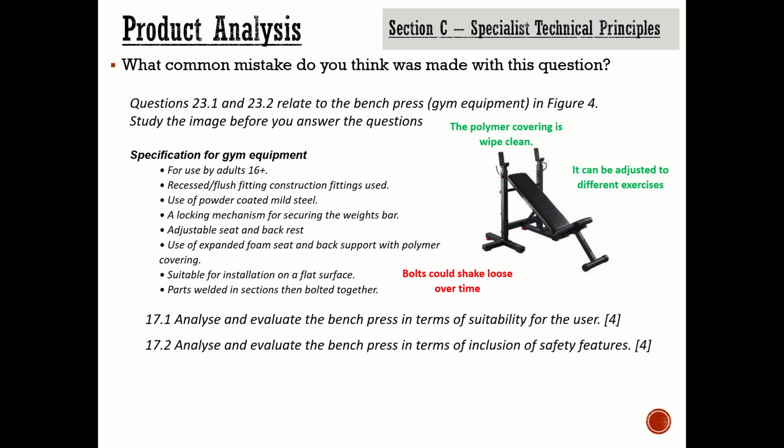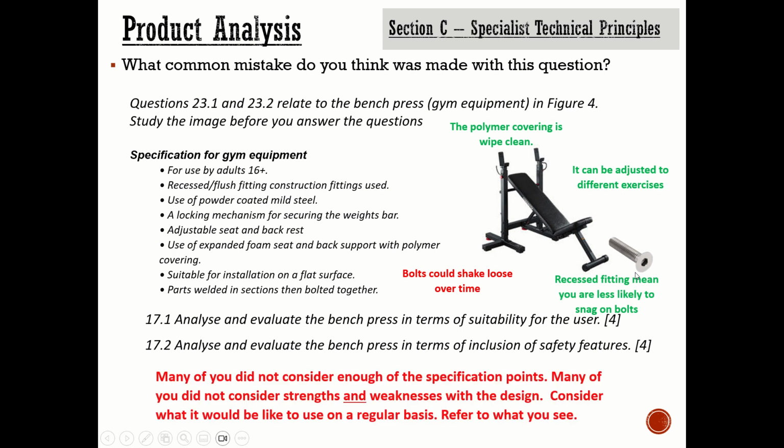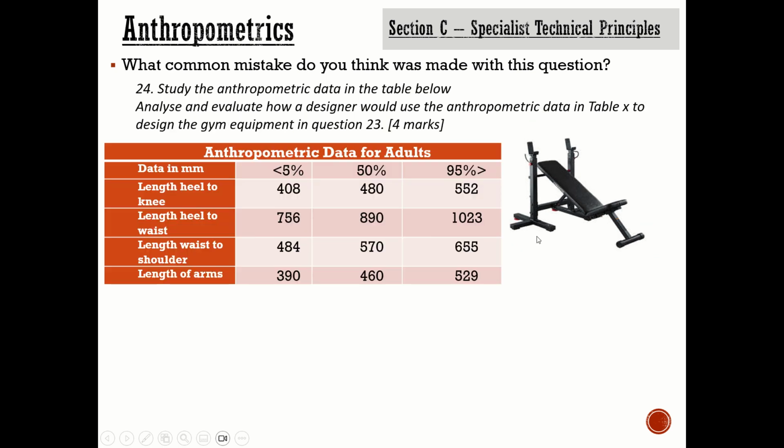A negative is that the bolts can shake loose, and that could be a safety hazard. Recessed fittings, by the way, look something like that. They've got flush ends so that you're never going to snag on them. That could be a positive. Many of you didn't consider enough of the specification points, and you need to have strengths and weaknesses. Consider what it would be like to be on that equipment.